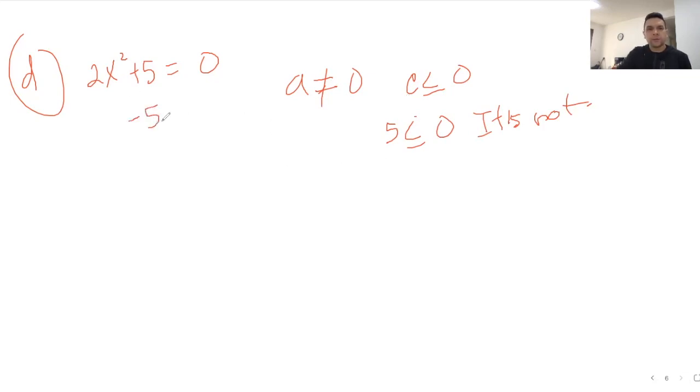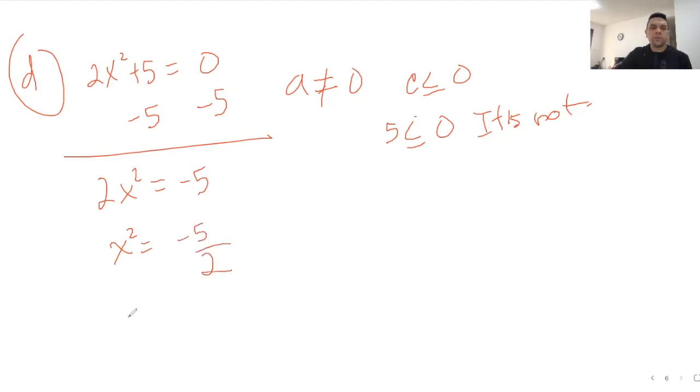We're going to get this right here, isolating our x. Equals negative 5. And then I divide it by 2, and I'm going to get negative 5 over 2. And then I take the square root of both sides, and I'm going to get x equals plus or minus the square root of negative 5 over 2. And that's not a real number, right?